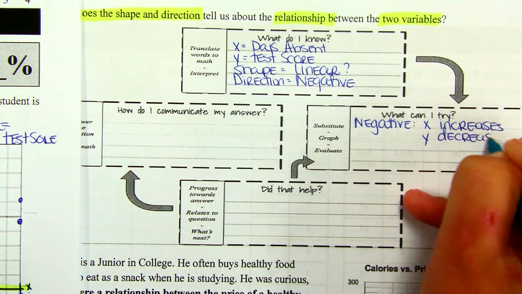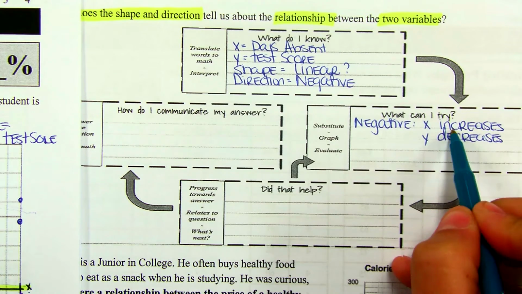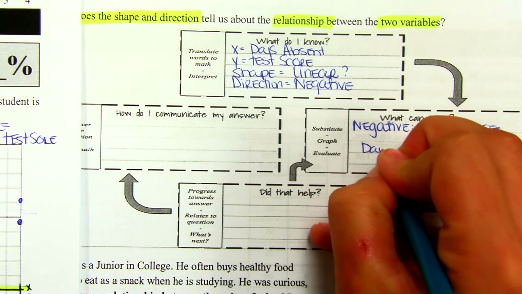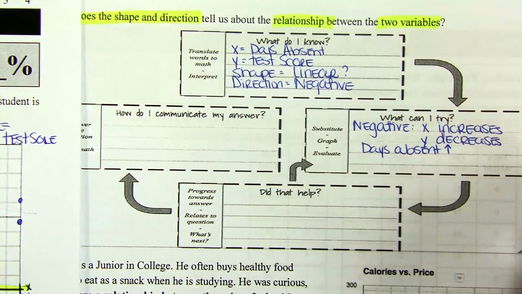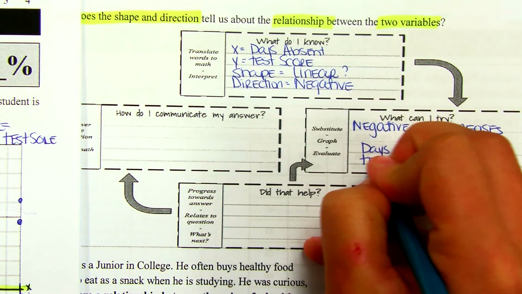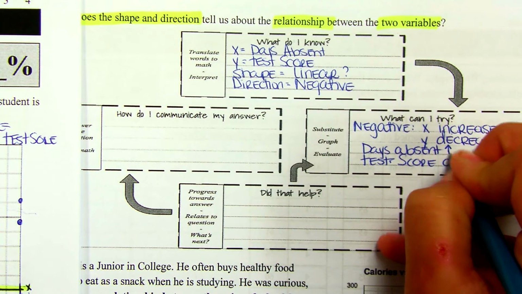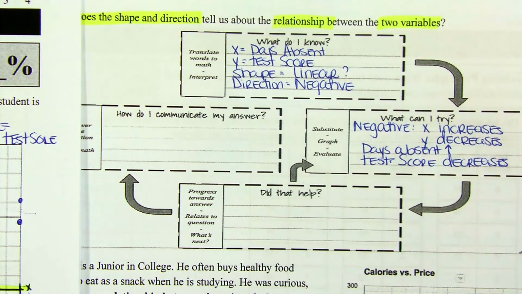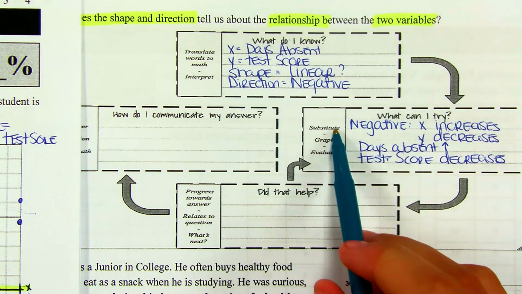And so I'm going to substitute, instead of x increases, I'm going to use days absent. So as days absent increases, y decreases. So test score decreases. So what I've done is I've substituted days absent in for x and test score in for y.